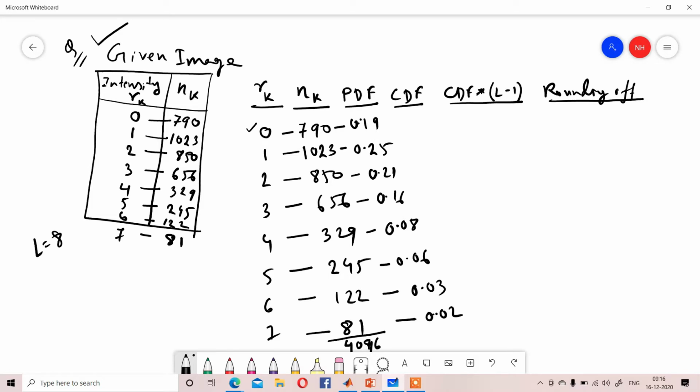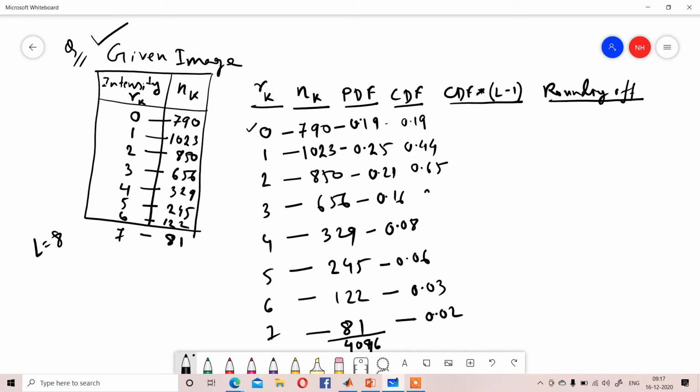With respect to that, what will be the CDF? For the first case it will be 0.19. For the second case, 0.19 will be added to 0.25, so it will be 0.44. For the third case, that 0.44 will be added to 0.21, so it will be 0.65.